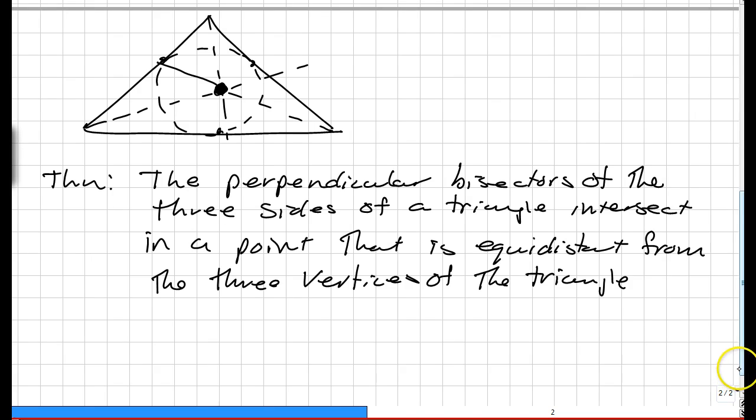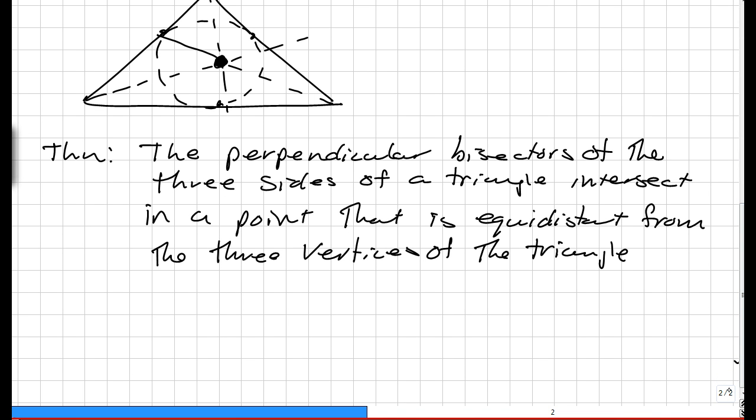Now, depending on the type of triangle, these lines may be concurrent inside the triangle, outside the triangle, or on the triangle.